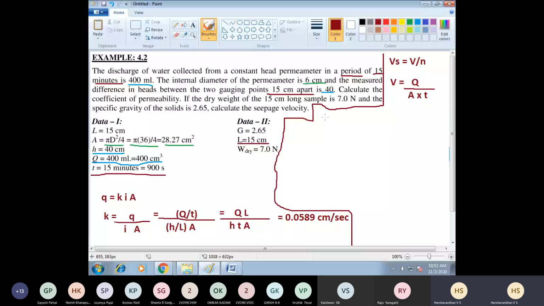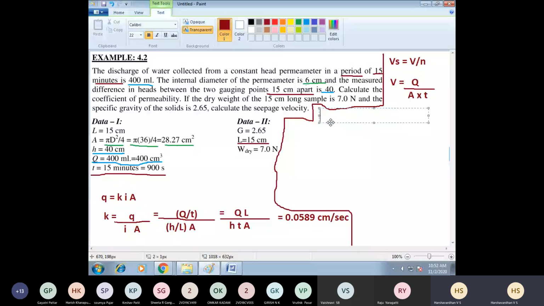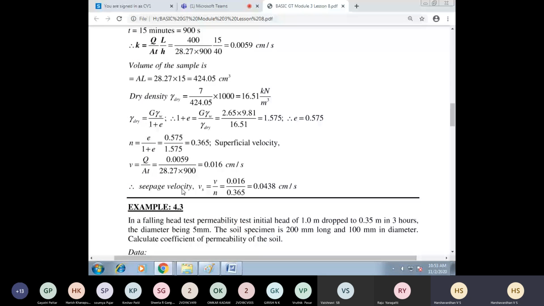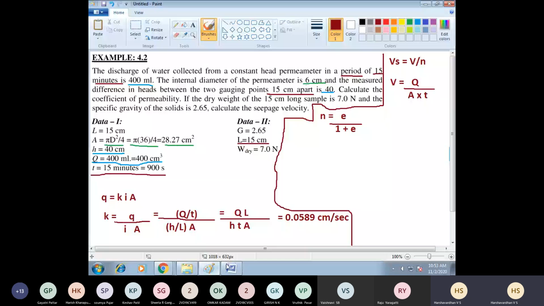Next, to find n, I have this formula from the first module. I told you, the first module is very important. Wherever you go, you will find it. It is given by e divided by 1 plus e, but we don't know what is the value of e, so we have to find the value of e. What is given?